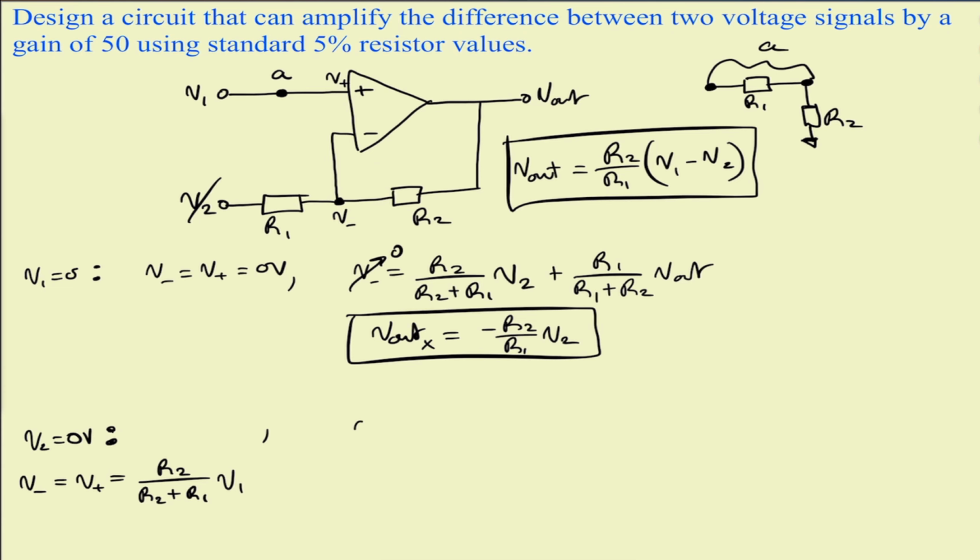So the voltage at V minus is going to equal, because V2 is set to 0, we can use voltage division. And that's going to be the voltage across R1. So by voltage division, we have R1 divided by R1 plus R2 times V out.